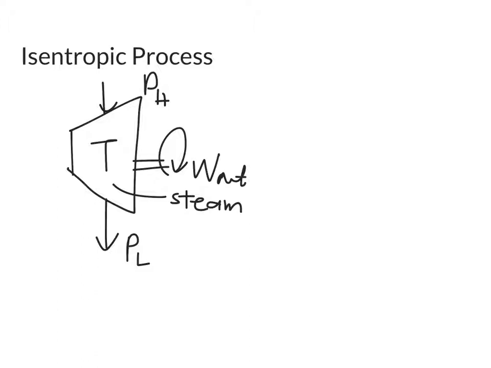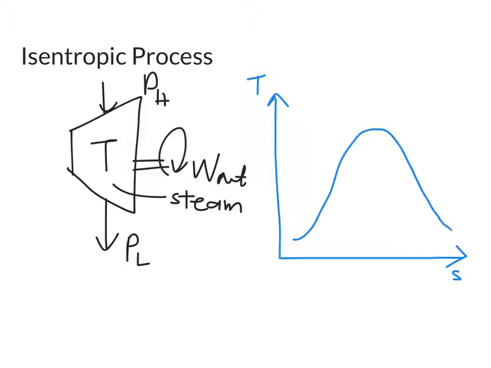So let's translate this diagram into your TS diagram. Because your working fluid is vapor type, it is going to change phases, so your diagram will be a TS diagram. For vapor, you are going to have this bell curve, working on two pressure lines, one is low and another one is high.